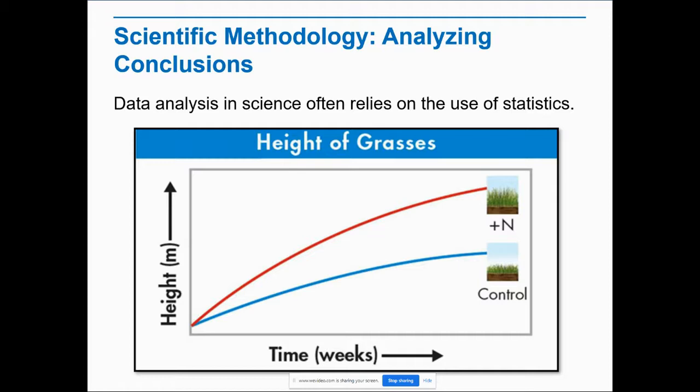Height and time are examples of measurable numbers. We can measure how much time it takes for a change to occur. We can measure the height of that change. So those are all quantitative numbers that we can collect. And then we can put them into a graphic like you see here in order to make some sense out of that data.